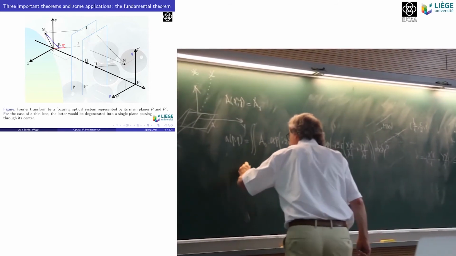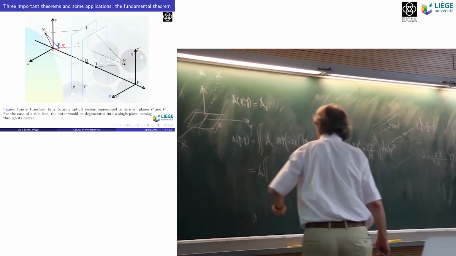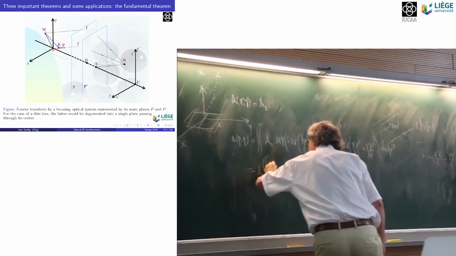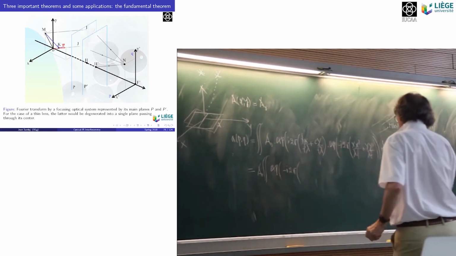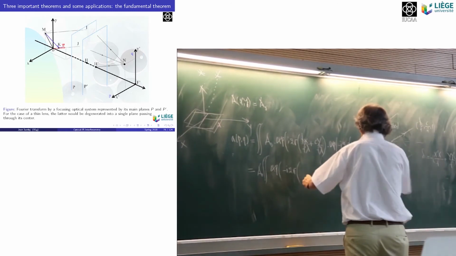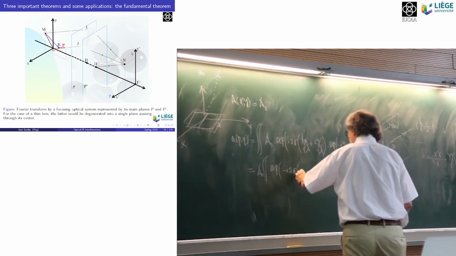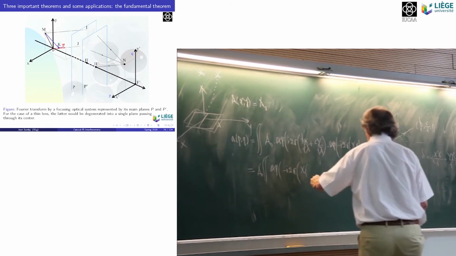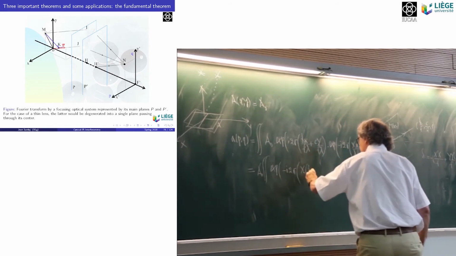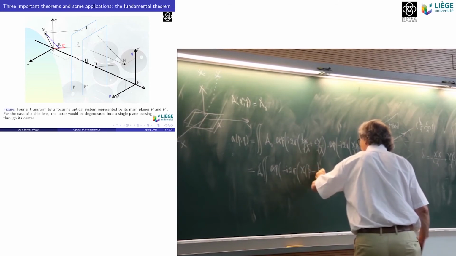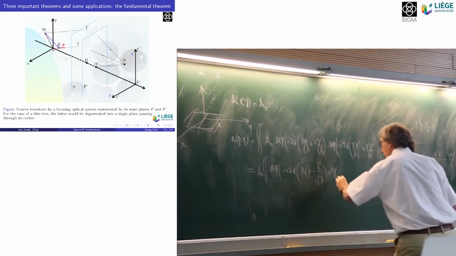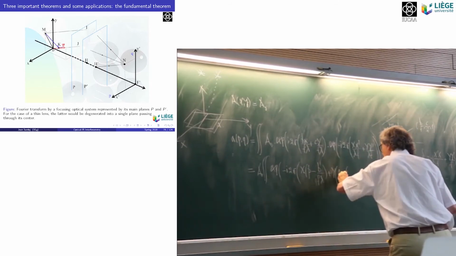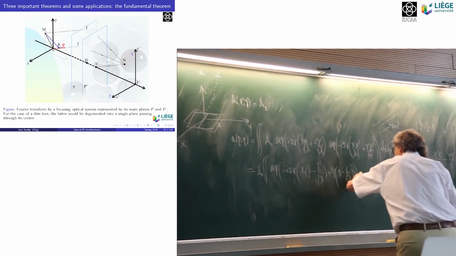So this would be equal to A0 times the double integral of, I rewrite things as follows, minus i 2 pi multiplied by x multiplied by p minus b over f lambda plus y multiplied by q minus c over f lambda, dx dy.